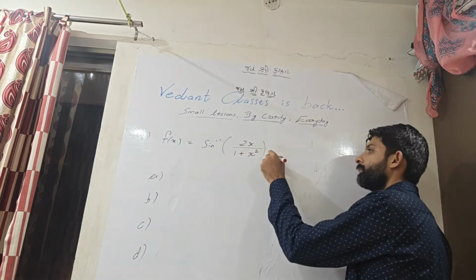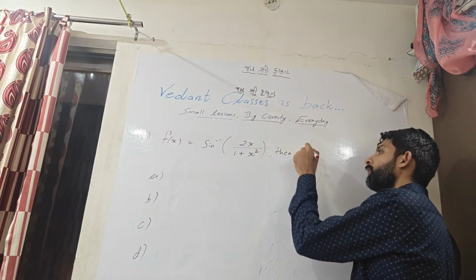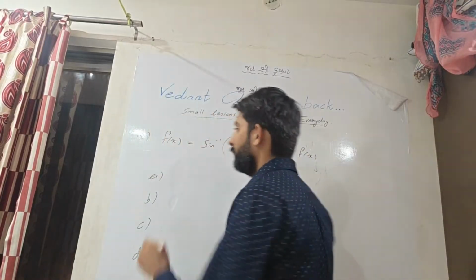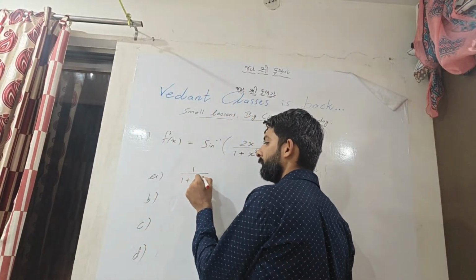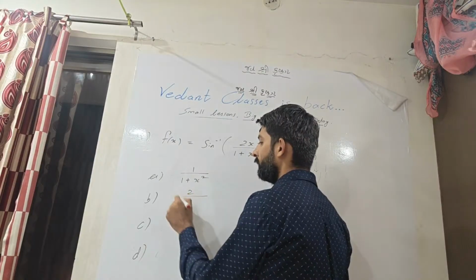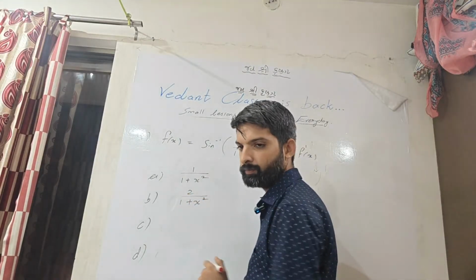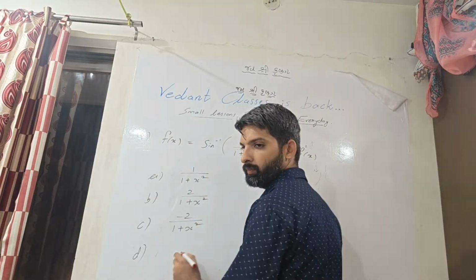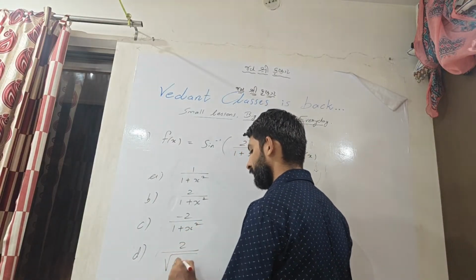Find f dash of x. Options: 1 upon 1 plus x square, 2 upon 1 plus x square, minus 2 upon 1 plus x square, and 2 upon root 1 plus x square.